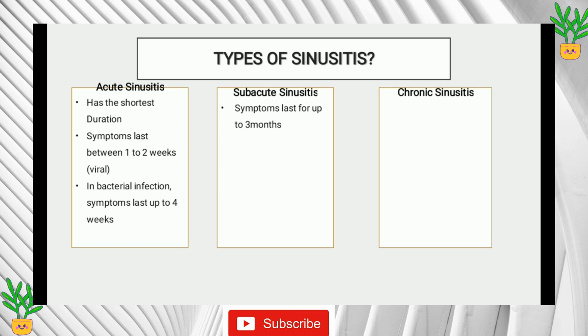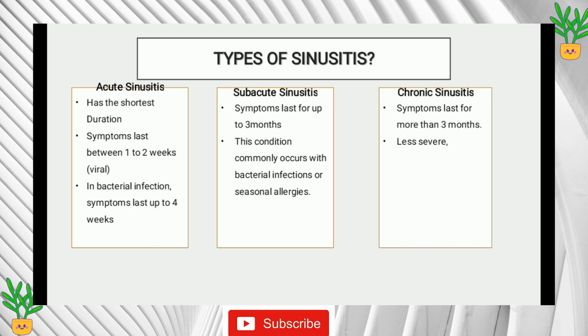In case of subacute sinusitis, the symptoms will last for up to 3 months, and this condition commonly occurs with bacterial infection, not with the viral, or some seasonal allergies. In case of chronic sinusitis, the symptoms last for more than 3 months, which is less severe but can occur due to bacterial infection.